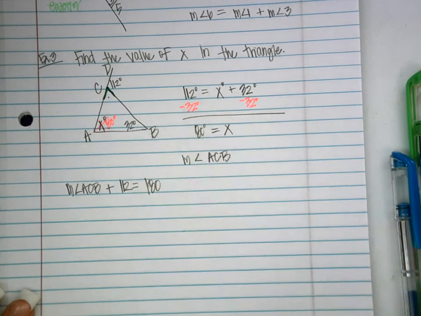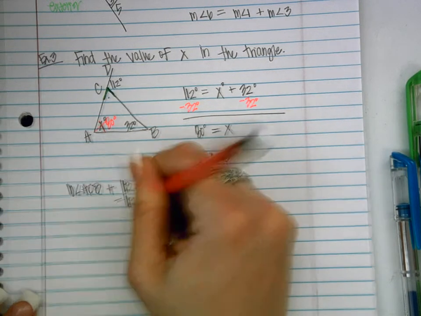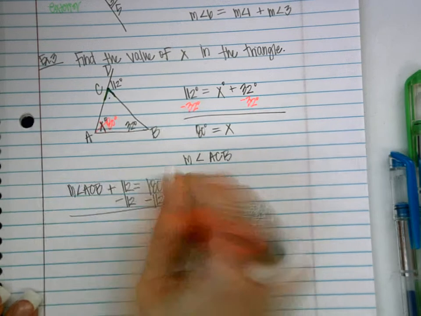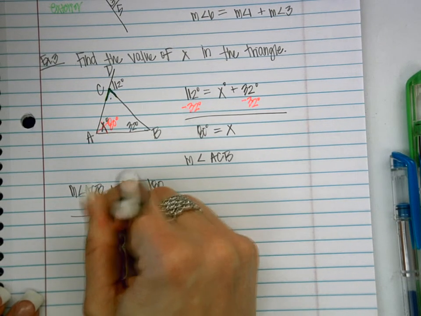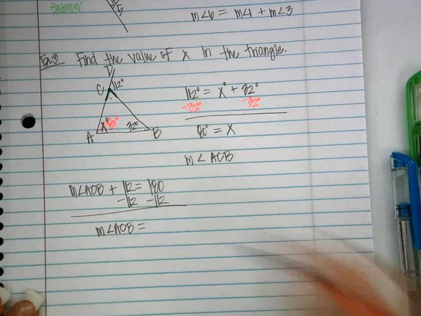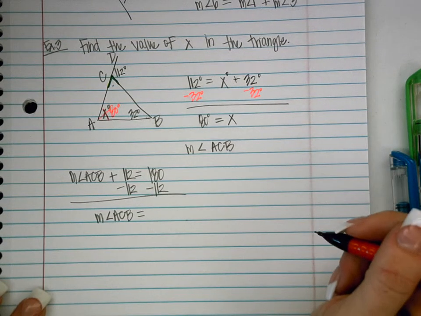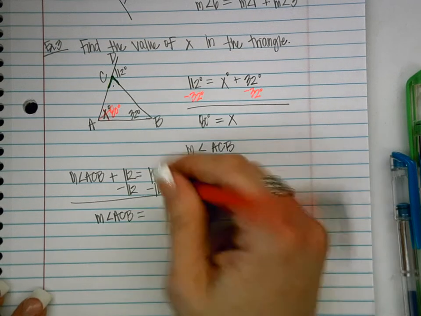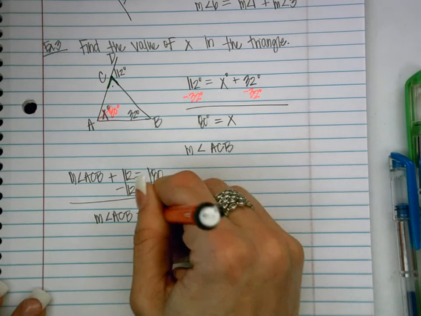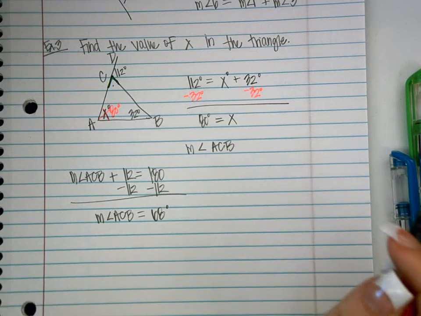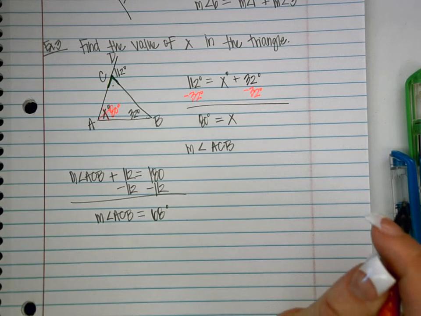If you subtracted 112 from both sides, we would get measure of ACB equals 68 degrees.